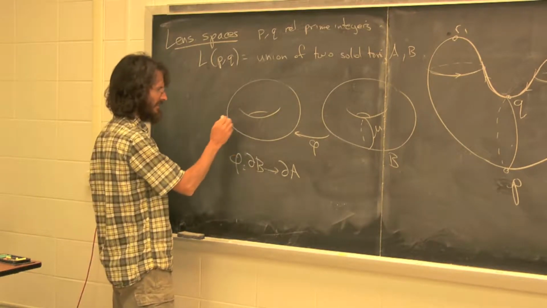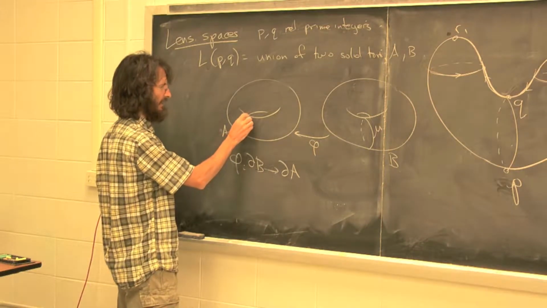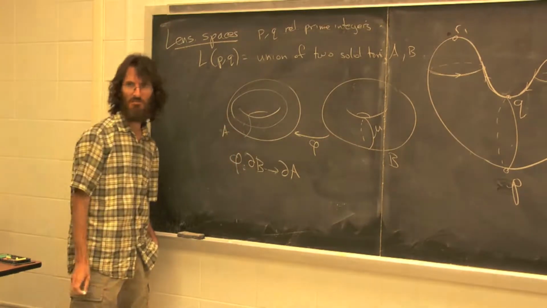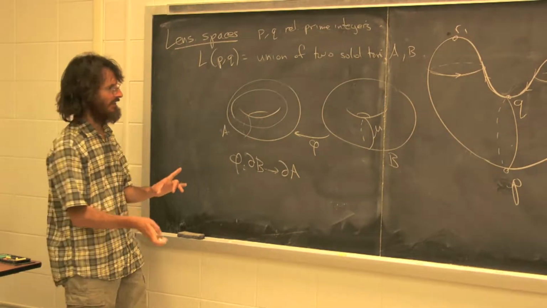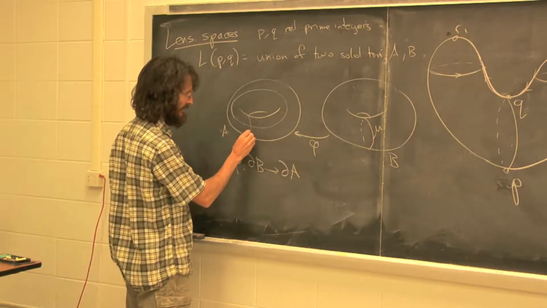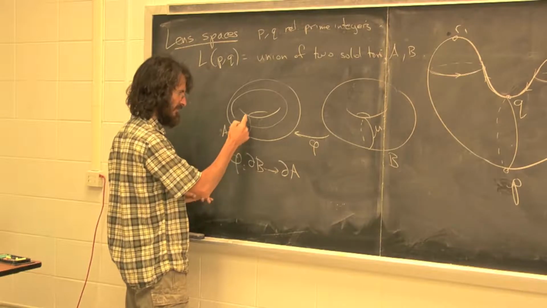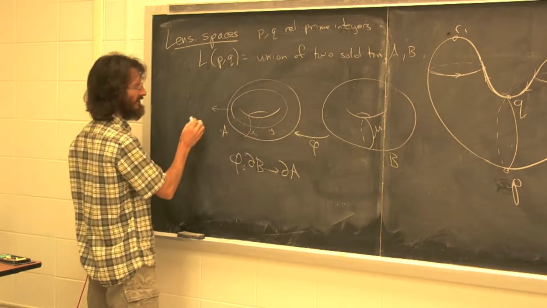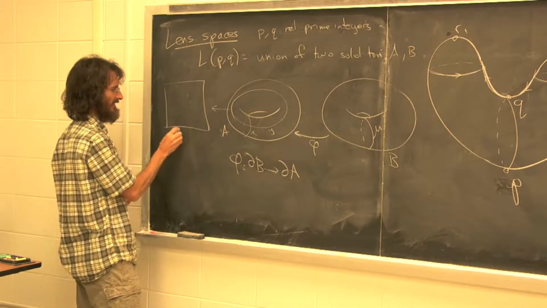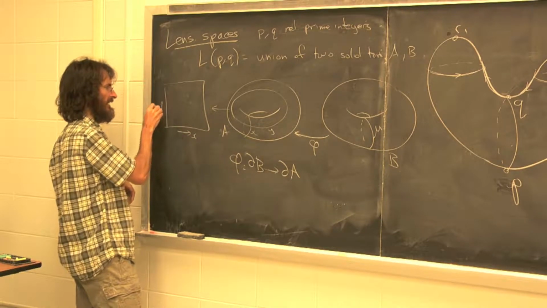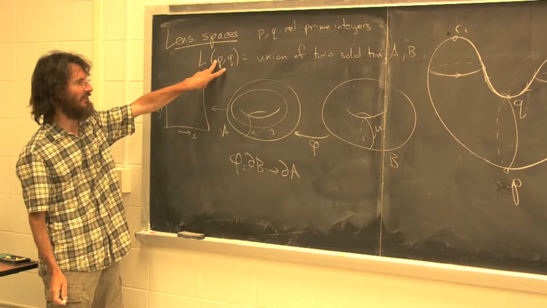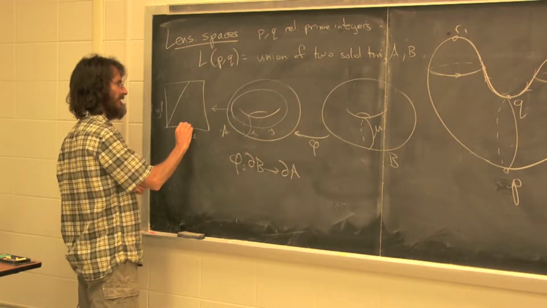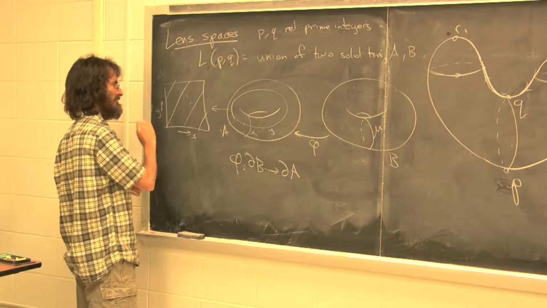So this solid torus A, I can parameterize its boundary torus with two different directions, X and Y. And then the P and Q are going to be used to define a slope, a line of slope P over Q, which eventually comes back to where it starts.